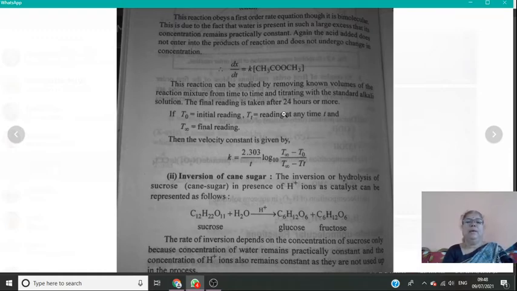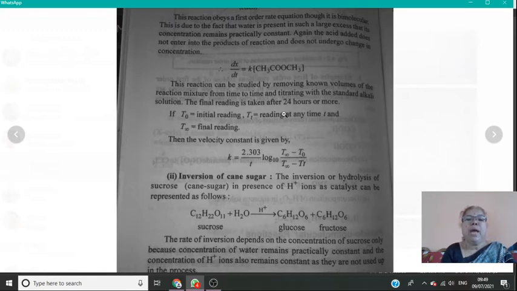Then the HCl solution is poured into the methyl acetate, and immediately you have to pipette out 5 ml of the reaction mixture. Indicator phenolphthalein is added, and from the burette you have to add NaOH solution with a steady flow and constant stirring.